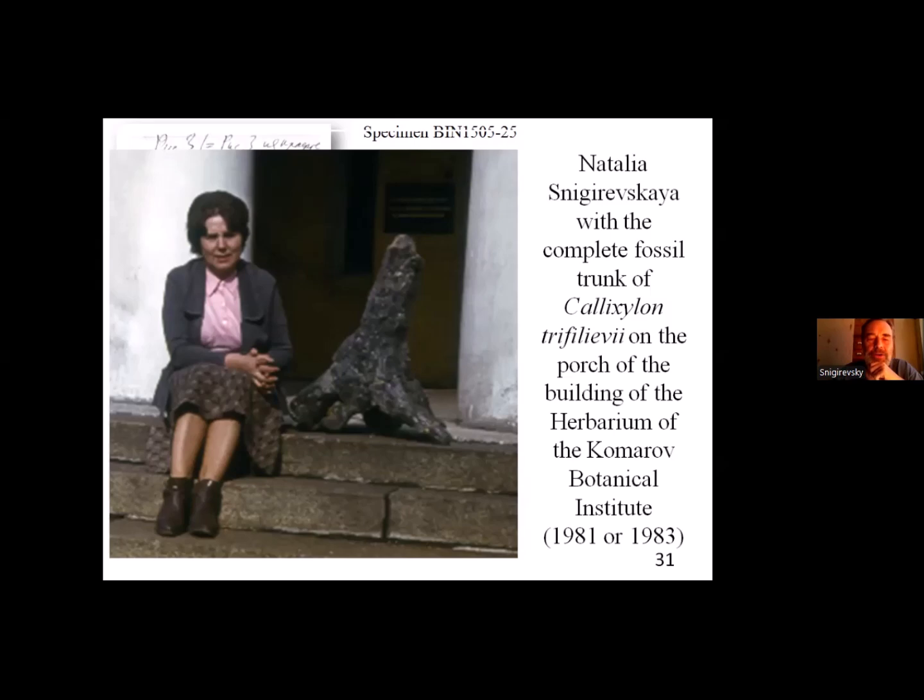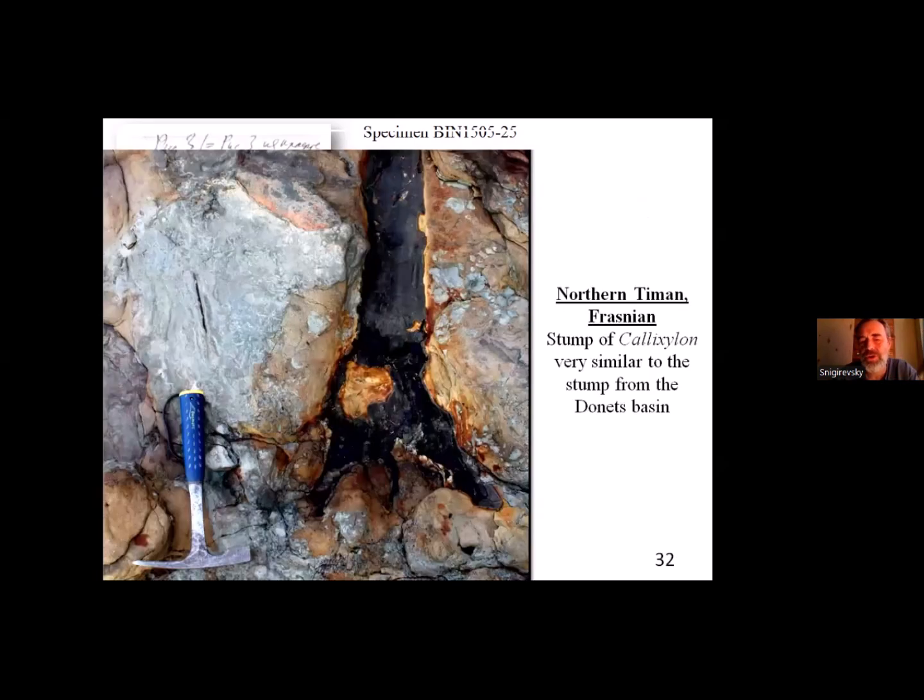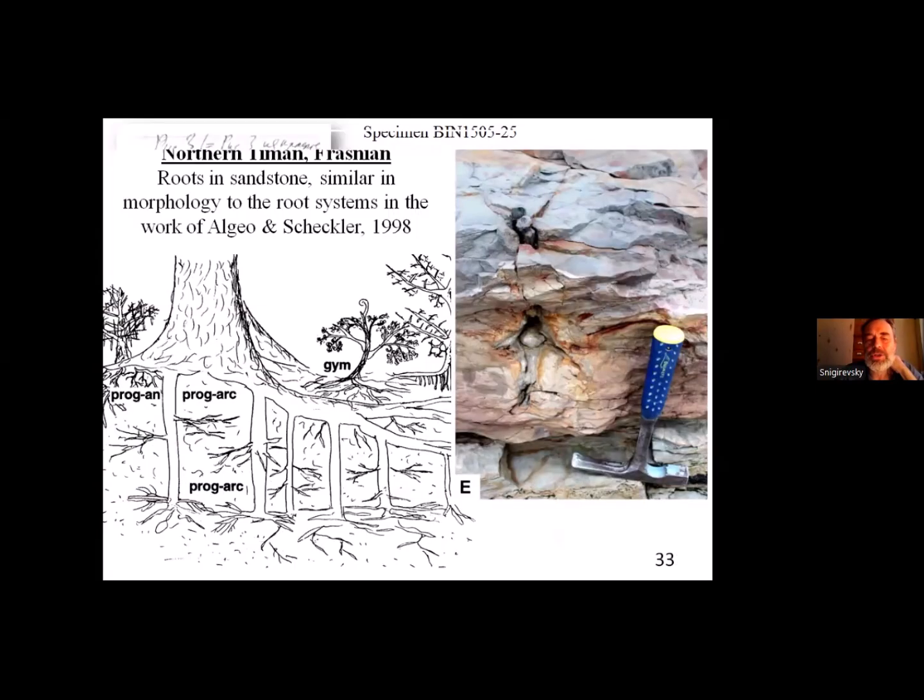Very, very close in nature and morphology. A stump was found by us in North Timan in 2016. Very, very similar, yeah.